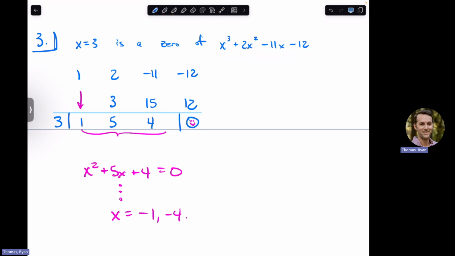This factors as x plus 1 times x plus 4. If you're going to factor it, you want a pair of numbers that multiply to 4 and add to 5. 4 times 1 is 4, and 1 plus 4 is 5. So that factors like this.